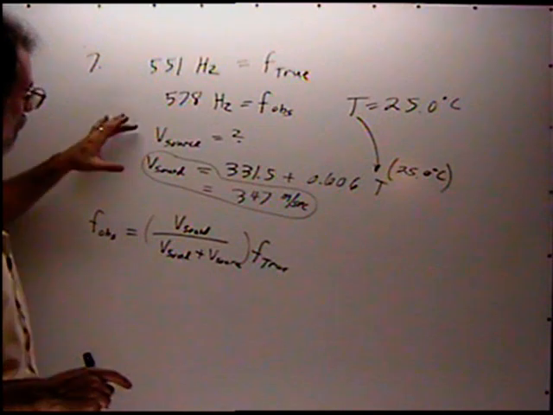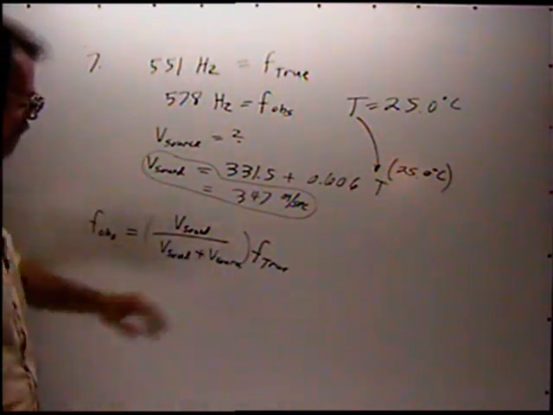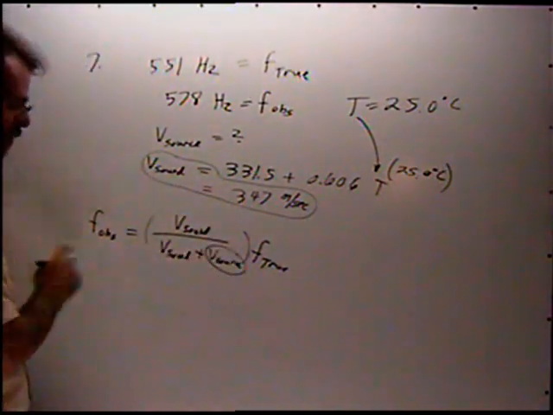So we have to solve. This is a little bit different because we have this, we have that. We have to solve for the velocity of the source. So we have to do some algebra.